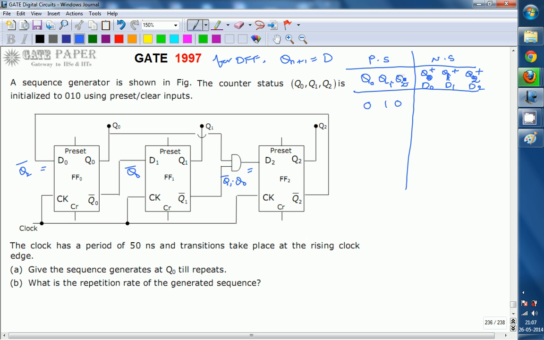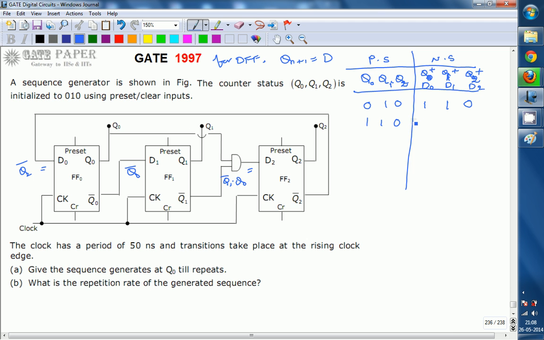Now D0 is Q2 bar. Q2 is 0, so Q2 bar is 1. D1 is Q0 bar, which is 1. D2 is Q1 bar into Q0, so it will be 0. So 110 is the next state. Whenever 110 is the present state, what will be the next state?